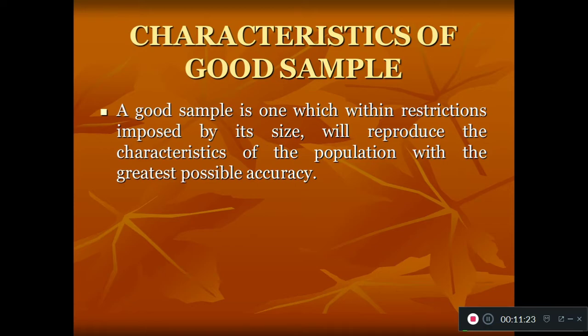That means a good sample must have the representation of the population, and it must be able to reproduce the characteristics of the population with good accuracy. Very simply, a good sample must be similar to the population. It must be possible for the researcher to generalize the findings to the population very easily and accurately.